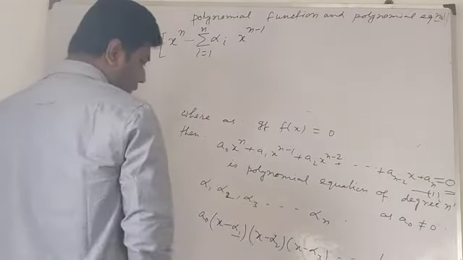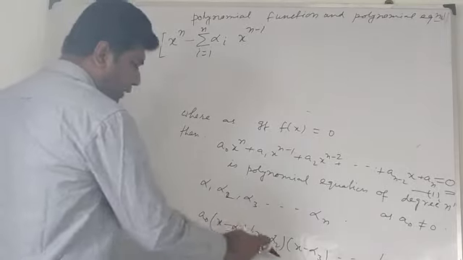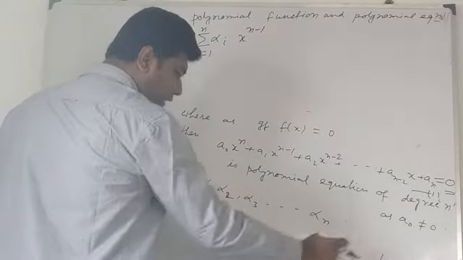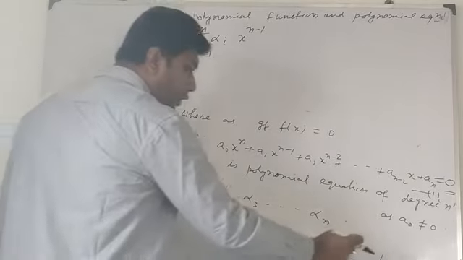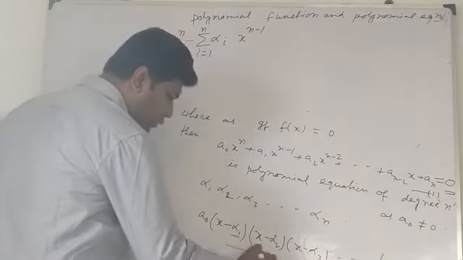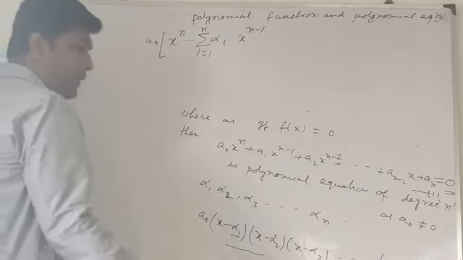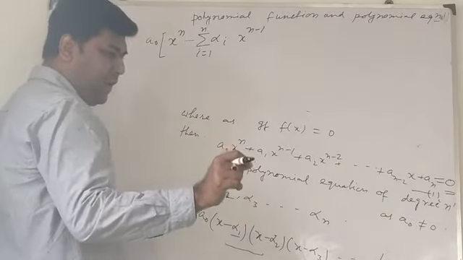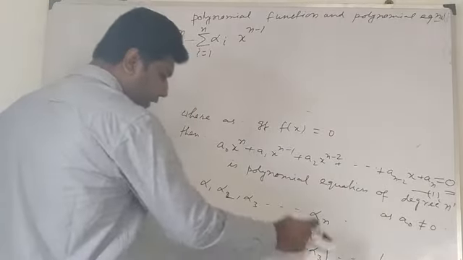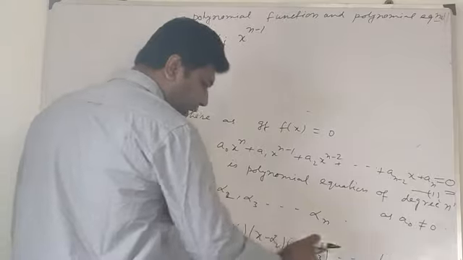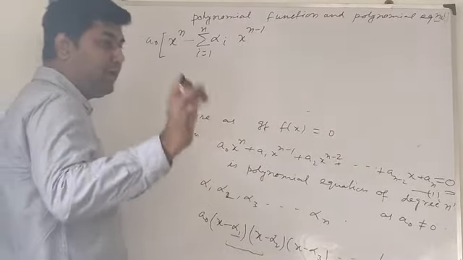Understand? Similarly, if you take two factors at a time, say alpha 1 and alpha 2, minus minus becomes plus, and from the rest of the factors you take x, so it will be x to the power n minus 2, because two terms are taken and the rest are n minus 2 terms. So it will be alpha 1 alpha 2 x to the power n minus 2. Similarly, alpha 1 alpha 3 x to the power n minus 2.